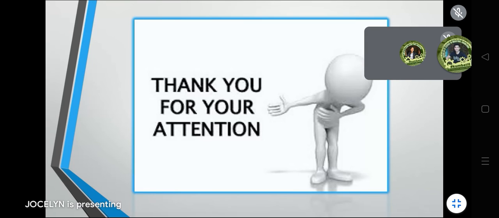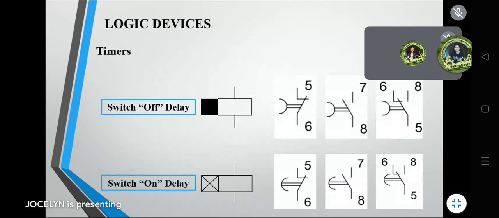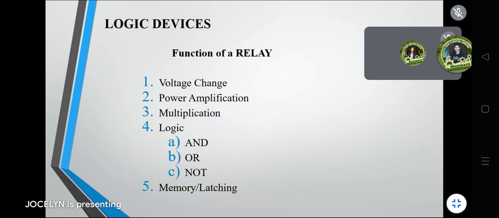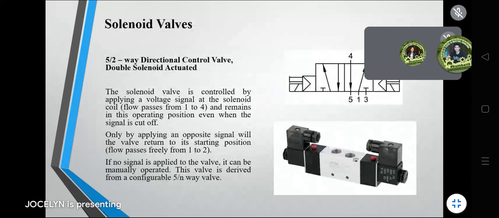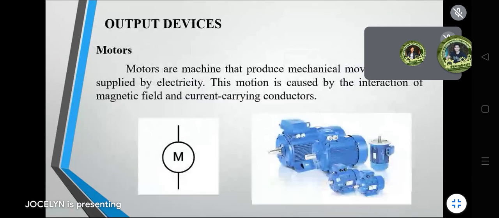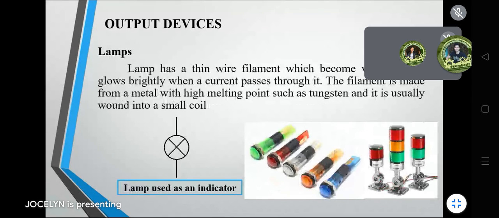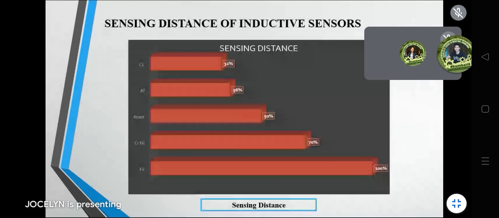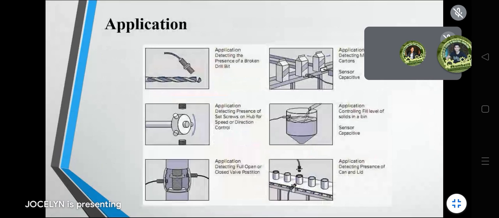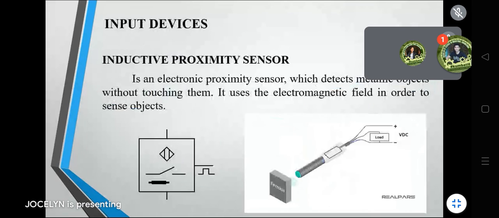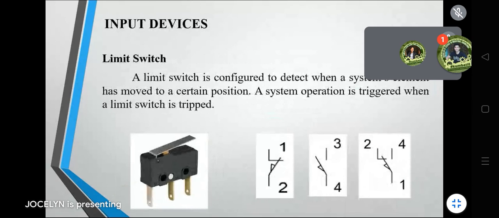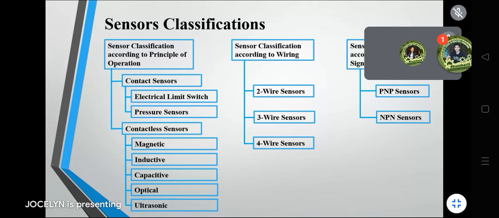I think that's the end of the slide. So we have only about the 3 logic devices: the relays, the timers, and the counters, and we already discussed our input devices, our output devices, the sensing devices, and the sensor connections, the 2-wire and 3-wire.